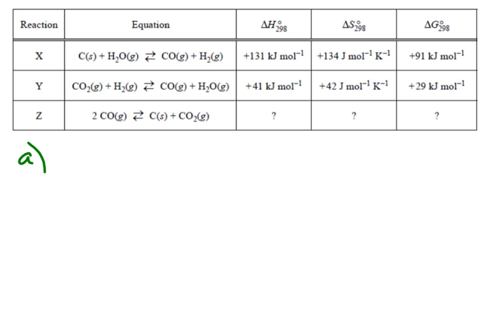For letter A, for reaction X, write the expression for the equilibrium constant Kp. Please do that, and if you want to compare with someone else, you definitely can. See if you can get it right. These are usually 1 point, but it's all right or all wrong, so you have to be confident and know exactly what you're writing.